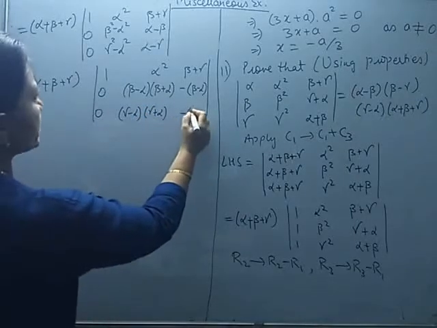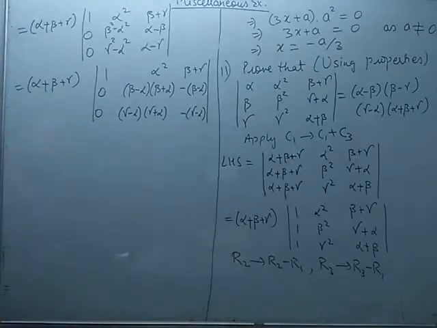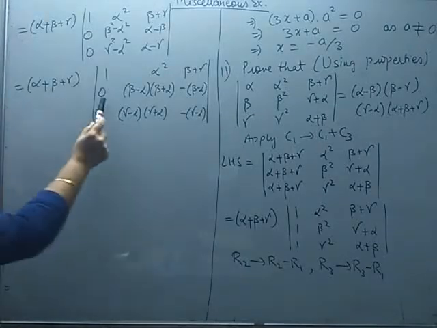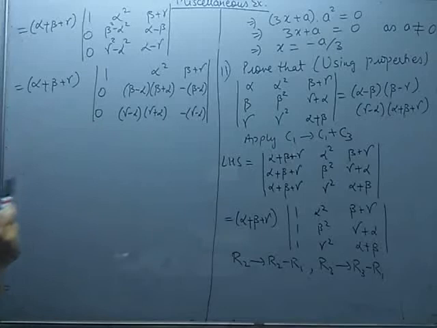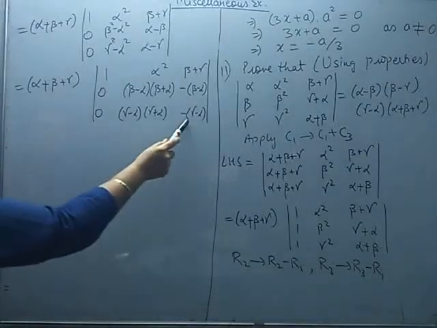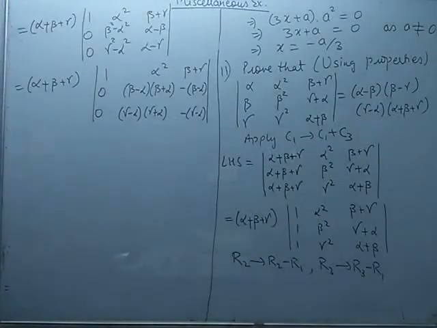Even here you can take minus common and write it as gamma minus alpha. Now see carefully, you will be able to locate a few expressions common in the second and third row. See, in the second row we can take beta minus alpha common. In the third row, gamma minus alpha can be taken common.